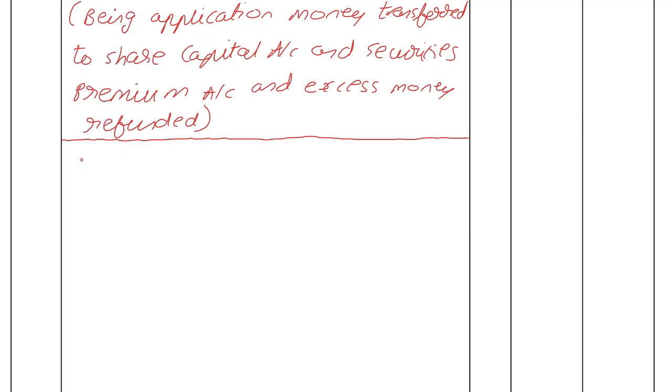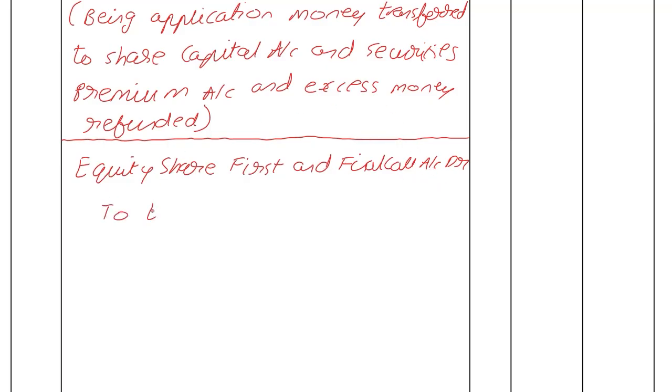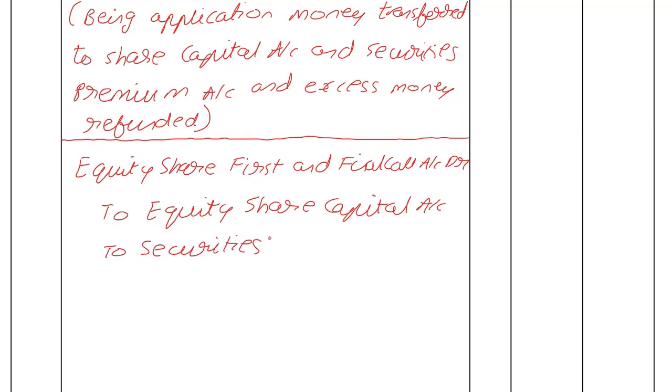So it is going to be equity share first and final call account debit. And I've tried very hard to put it in the same line. Okay, so equity share first and final call account debit, to equity share capital account, to securities premium account, because there is securities premium involved at the first and final call.